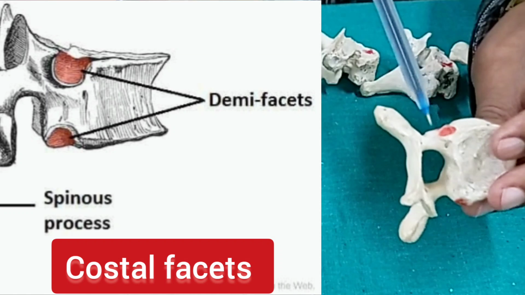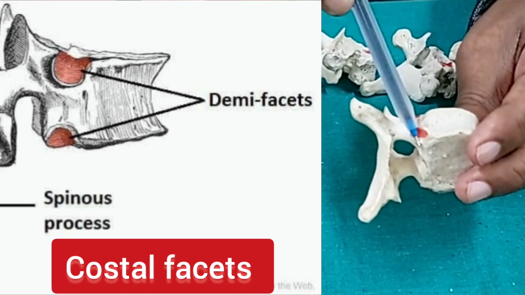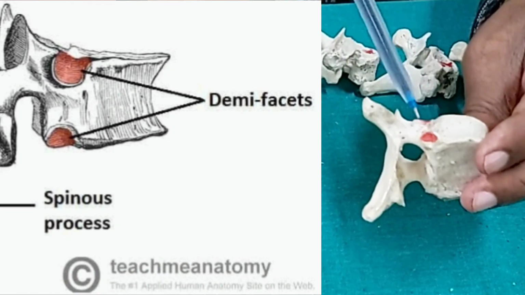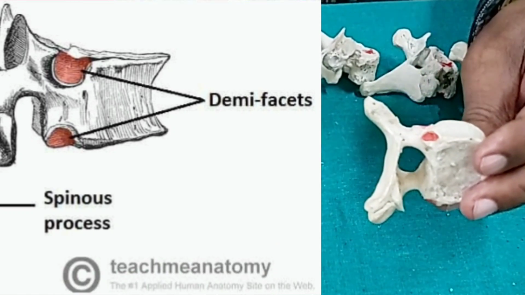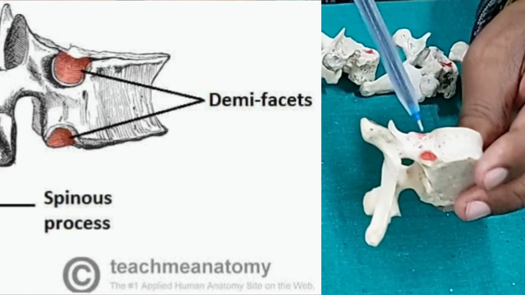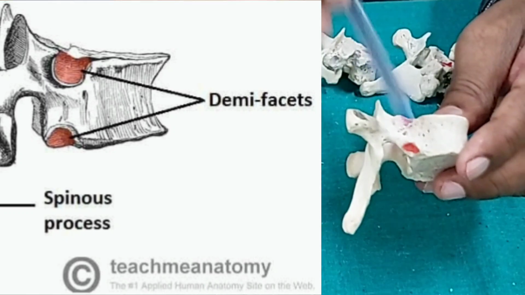And this one in front of the inferior vertebral notch, close to the lower border on the side of the body, is the inferior costal facet. Both the superior and inferior facets are demi-facets or half facets, not full facets.